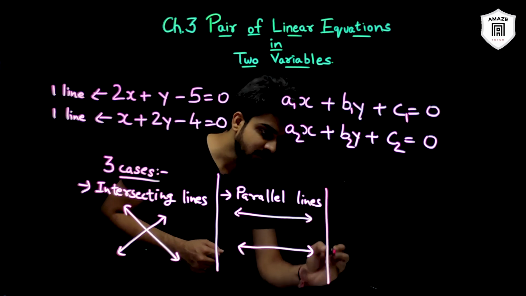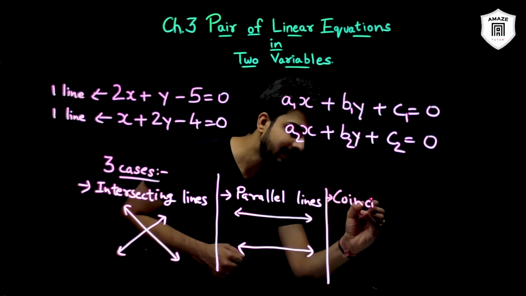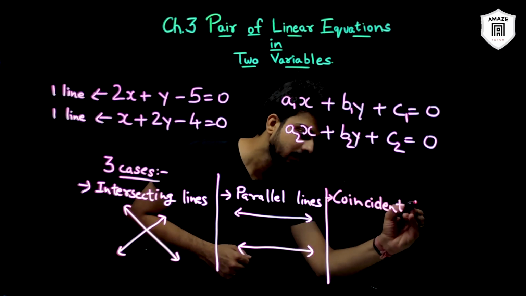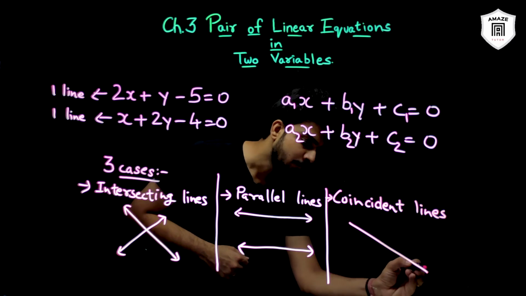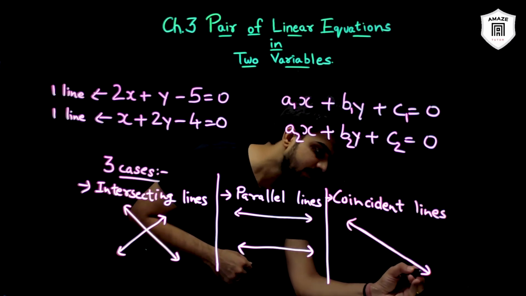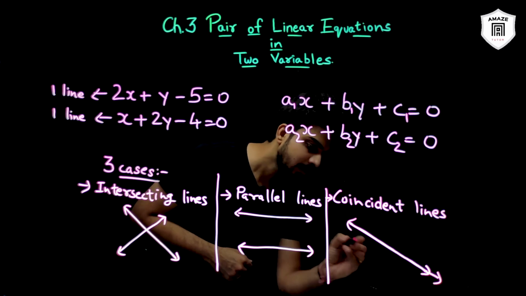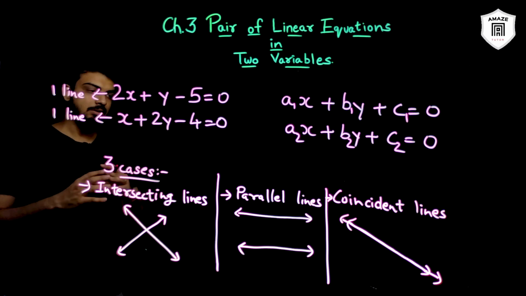And the third case we can have is coincident lines. Coincident lines means the first equation and the second equation also represent the same line, okay, means they are coinciding on each other.